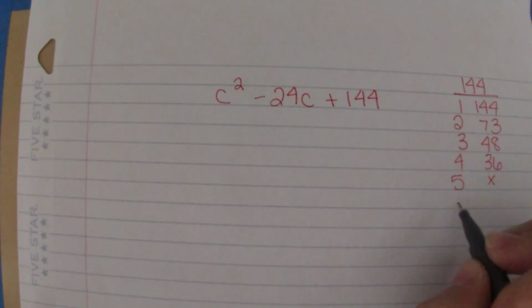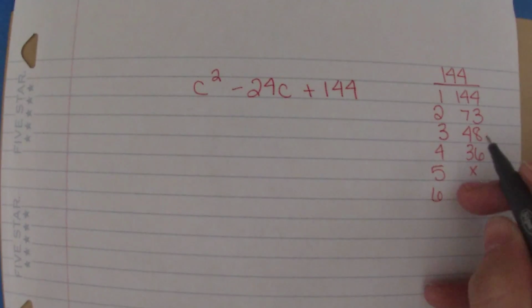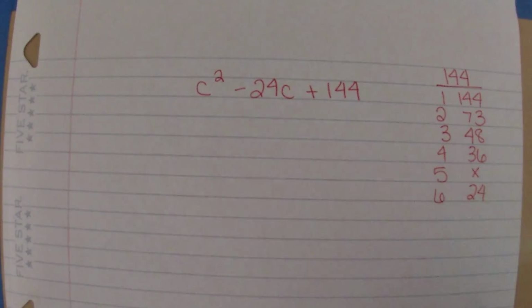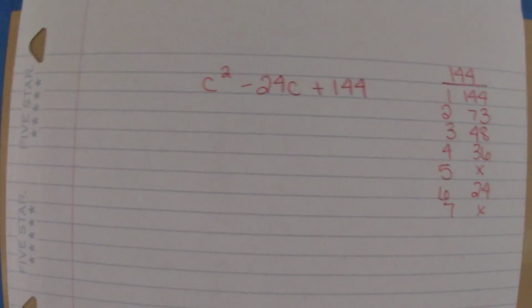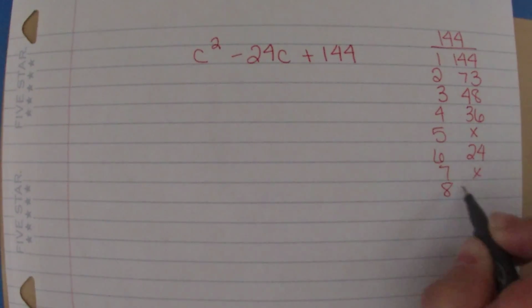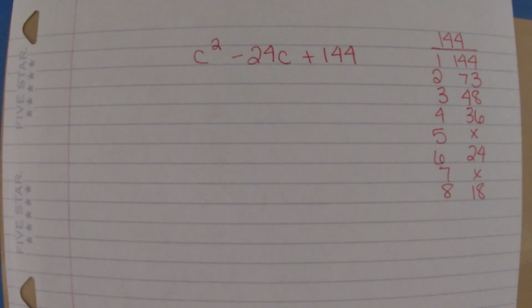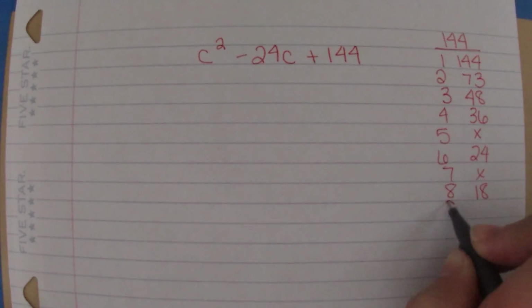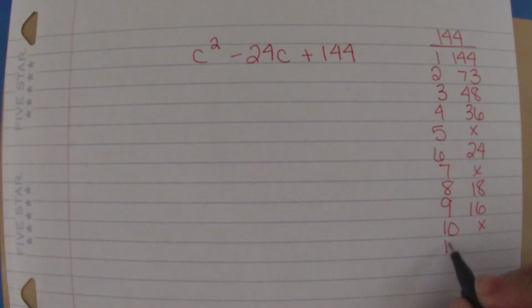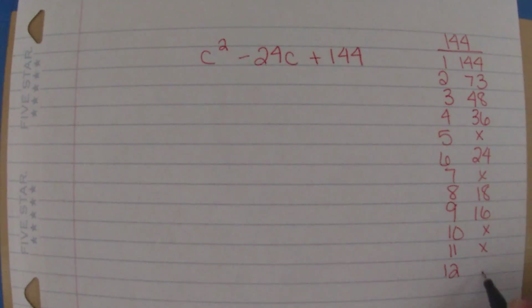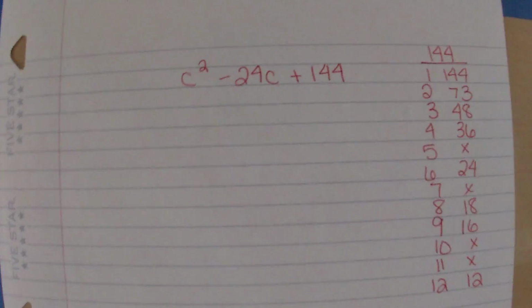You can just pick up your calculator and divide, like 144 divided by 1, 144 divided by 2, 144 divided by 3. 7 is nothing. 8 is 18. 9 is 16. 10 is nothing. 11 is nothing. 12 is 12.